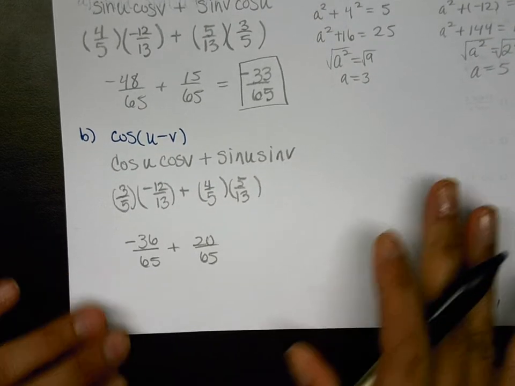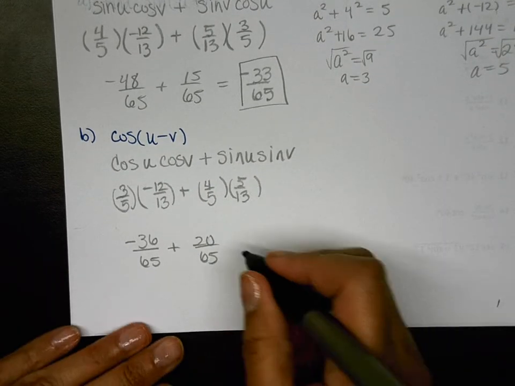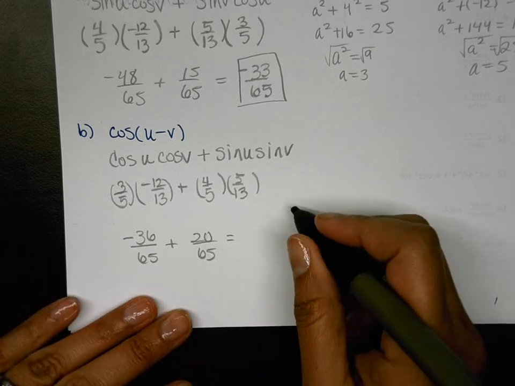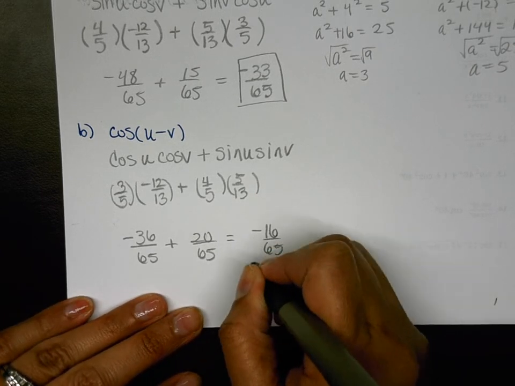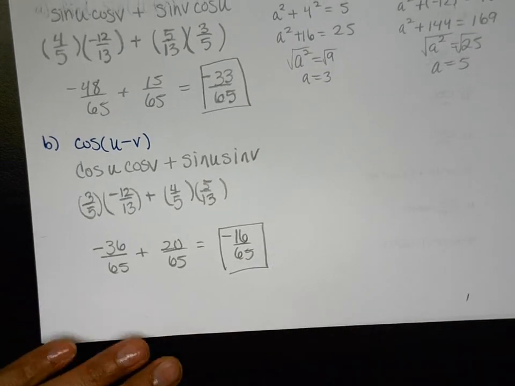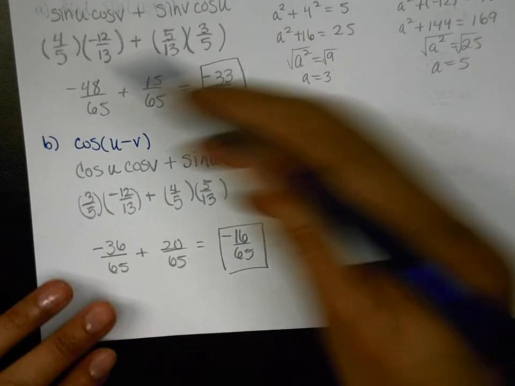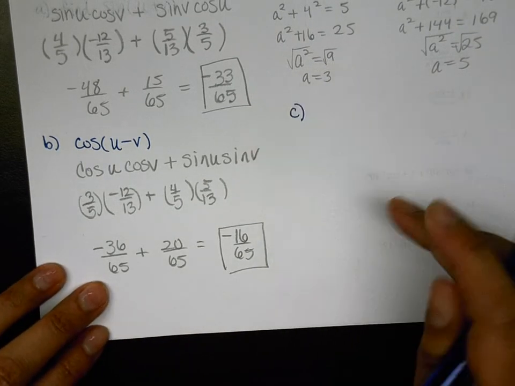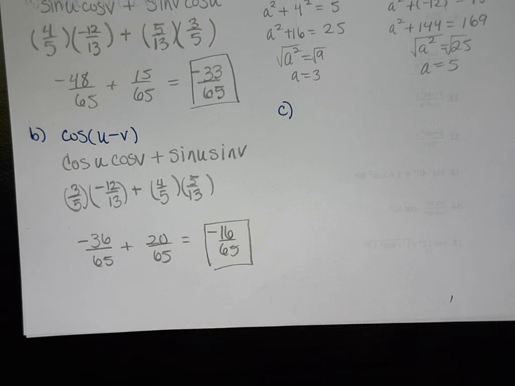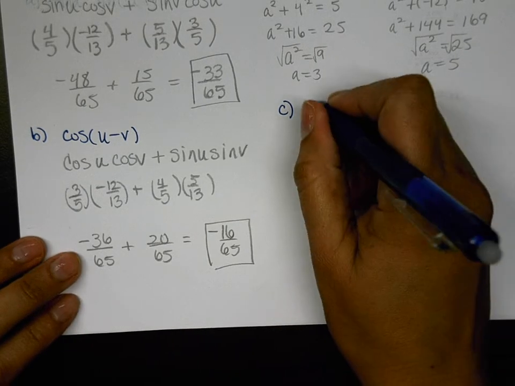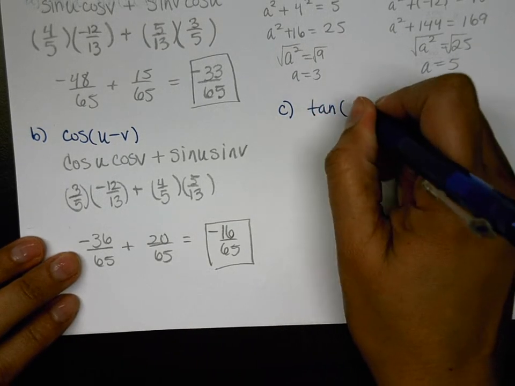And what does that combine to be? Negative what? And that also does not reduce, so that's the final answer. Questions before I move on to part C? Making sense? Okay. Part C, tangent of u plus v.